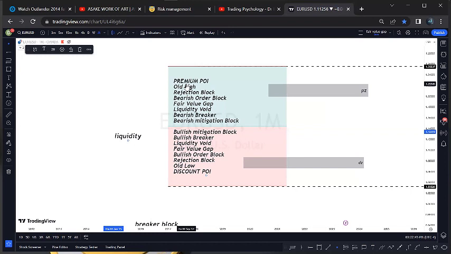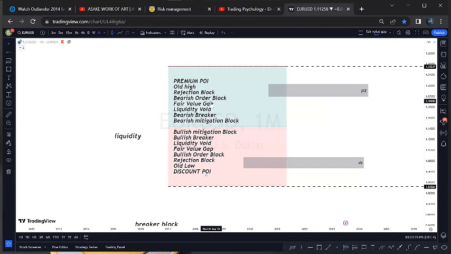There is no way that inside a premium zone you will not see one of these internal liquidities. So you should know that old high and old low are your external liquidity, while your rejection block, bearish order block, fair value gap, liquidity void, bearish breaker, mitigation block, and so on, all of this is internal liquidity.